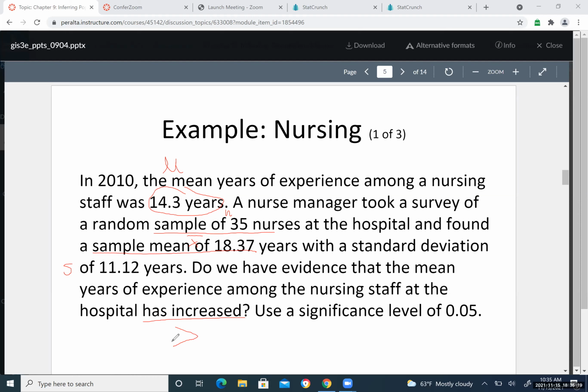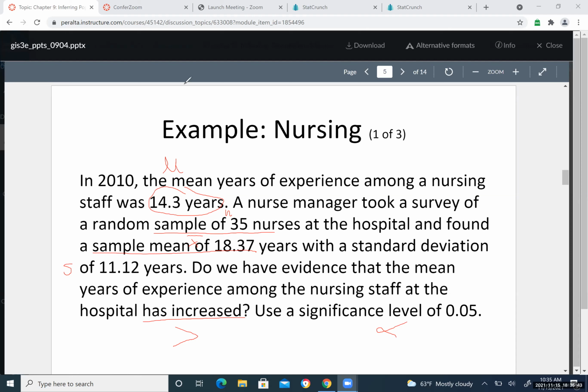Sometimes they put an equal sign, but it's okay to use greater than for has increased. And use the level of significance of that value. So this is our alpha. When you analyze all of these values along the way, you have them in your mind, and it helps you type them in correctly into StatCrunch to run it. So you get a solution.